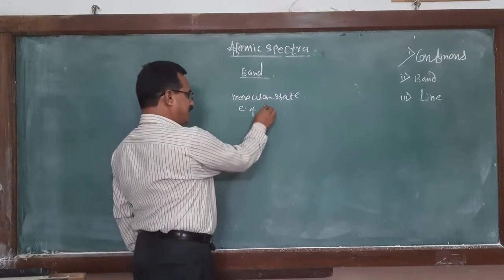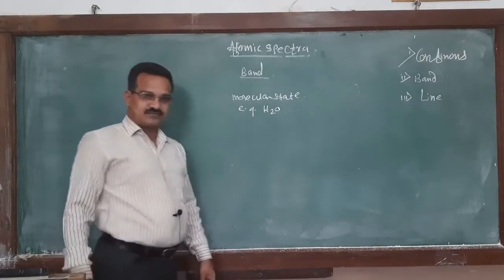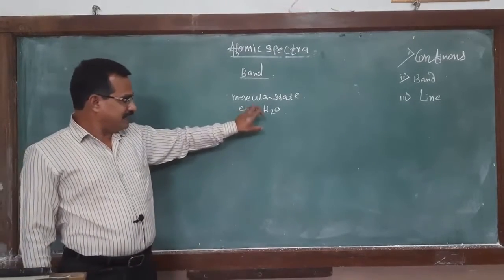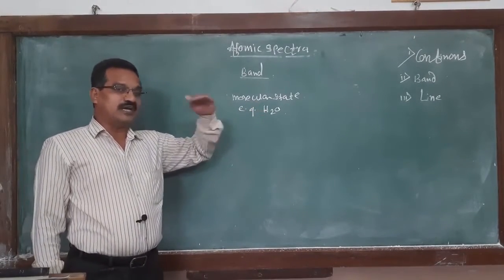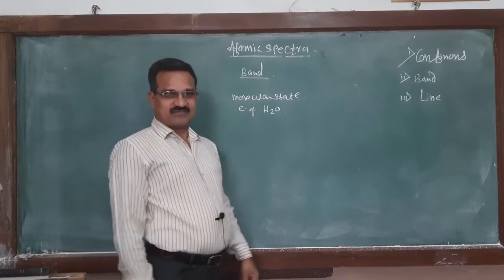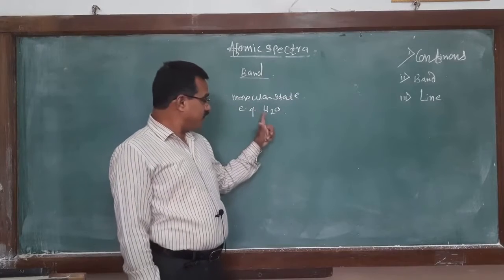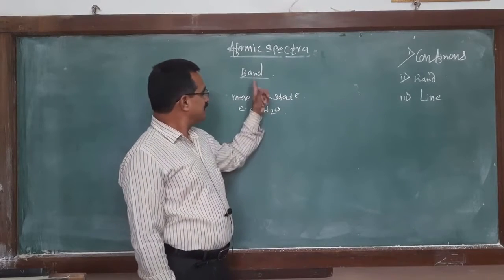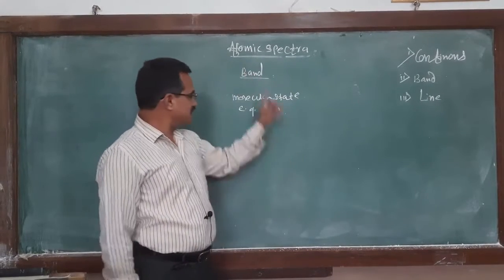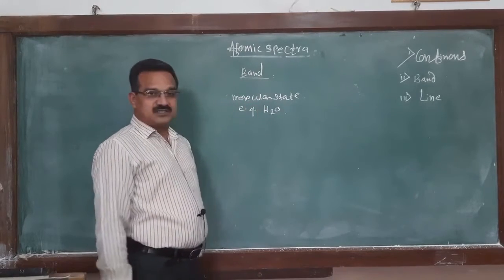For example, a molecule like H2O. When that H2O is heated moderately, the spectrum obtained from this we call a band spectrum. It is also called a molecular spectrum.